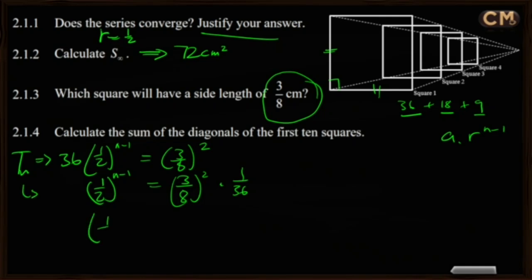Using our calculator, we'll find 1 over 256, which is 1 over 2 all to the power 9.